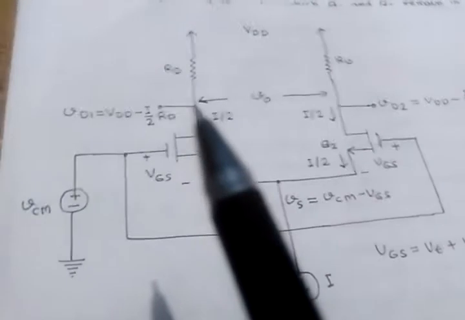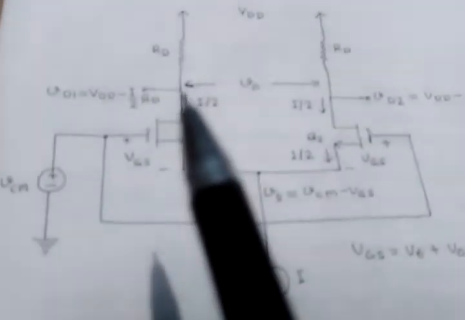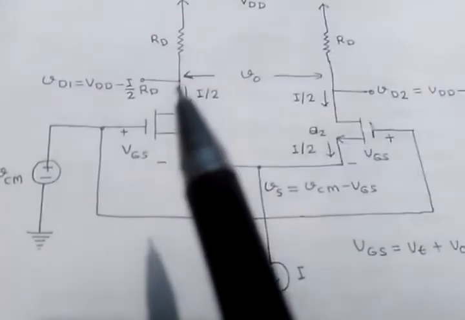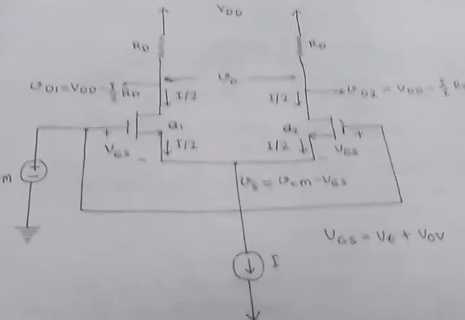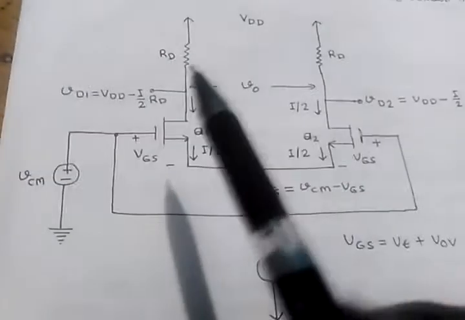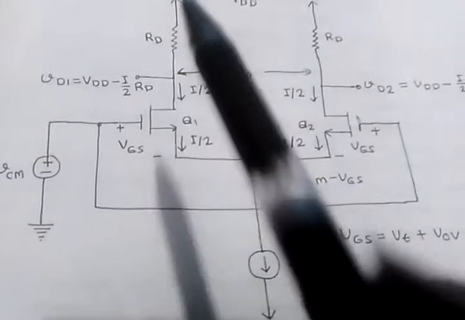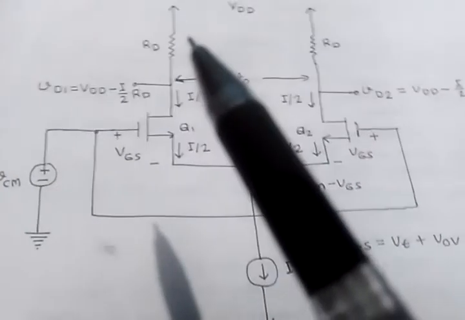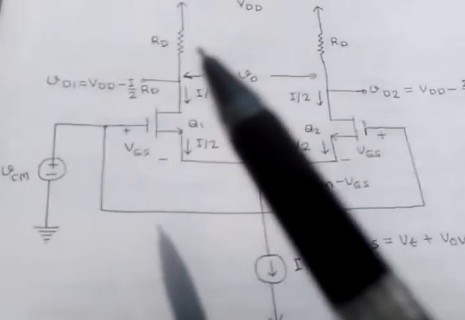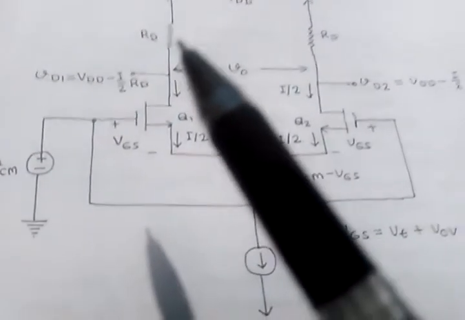Now we have to calculate the drain voltage VD1 and VD2. VD1 can be calculated as VDD minus VD1 equals current I by 2 into RD. I by 2 is current flowing through RD.